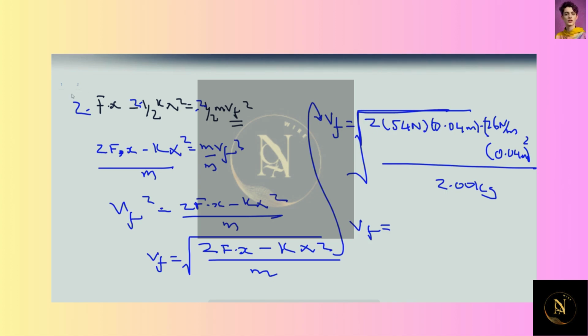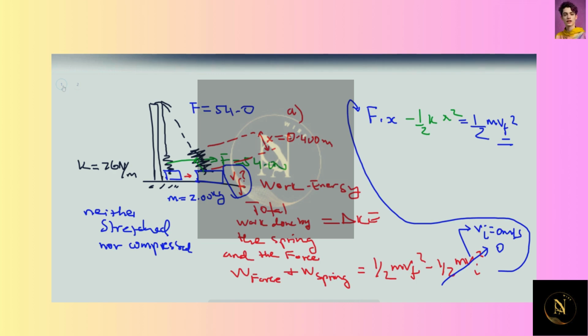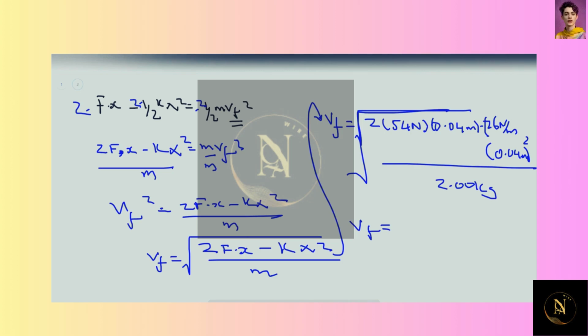Well, actually, it's not 0.04. Going back to this, the x displacement happens to be, we need to find that. The x displacement is 0.4, not 0.04. So we have to rectify that. This one is 0.4, and this one is also 0.4.